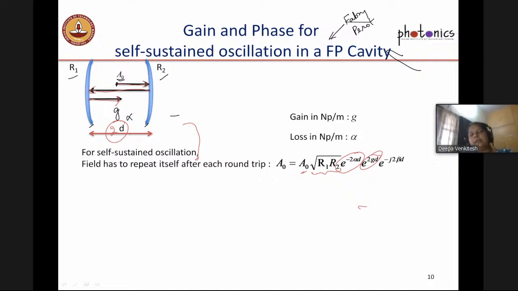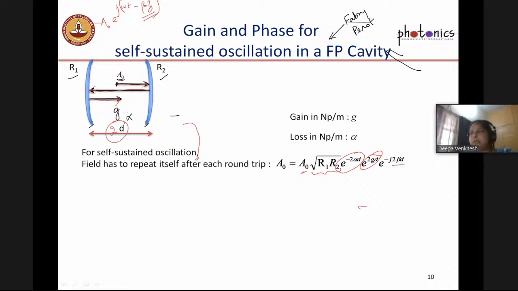You also have to remember the phase, because if I assume the electromagnetic wave is of the form E naught e power j omega t minus beta z, which is the general representation of a plane electromagnetic wave, the propagation phase is beta z, and because z is twice d, you have minus j 2 beta d.